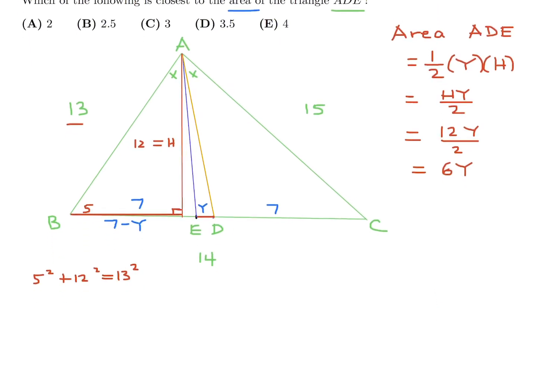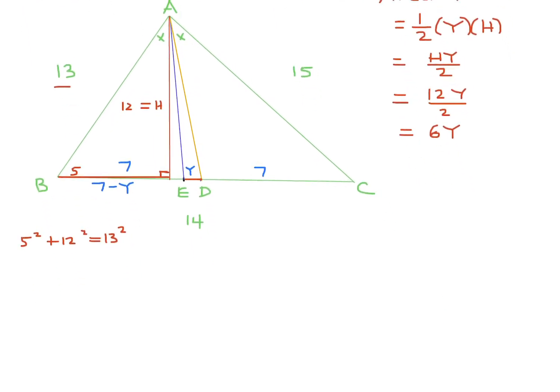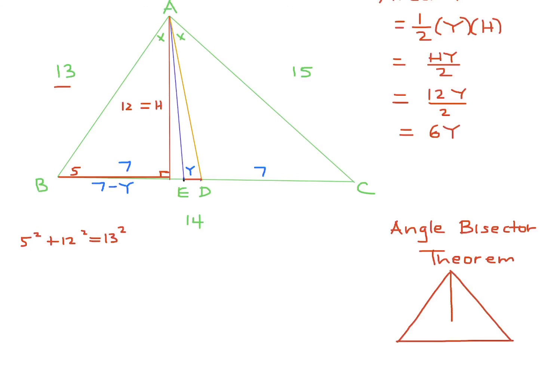So to figure out y, I have to use something known as the angle bisector theorem. And it basically is as follows. If you have a triangle and then you've got a line that bisected the angle, and you've labeled these A, B, C, and D like that, the angle bisector theorem states that A over C is equal to B over D, like that.